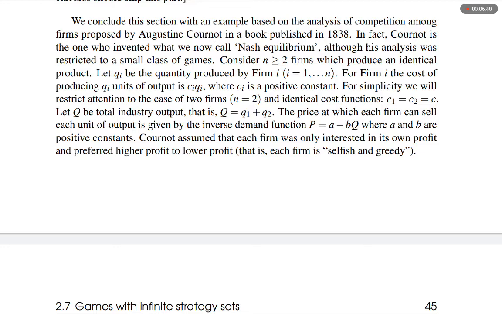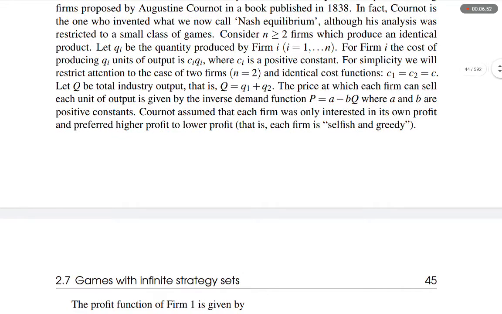Consider n ≥ 2 firms which produce an identical product. Let qi be the quantity produced by firm i (i = 1, ..., n).